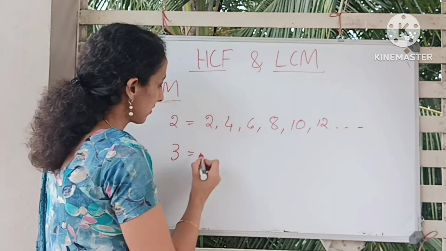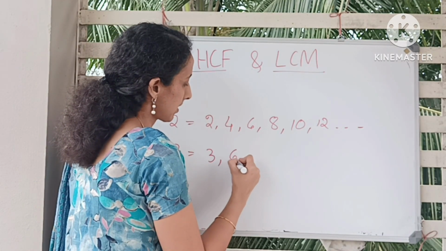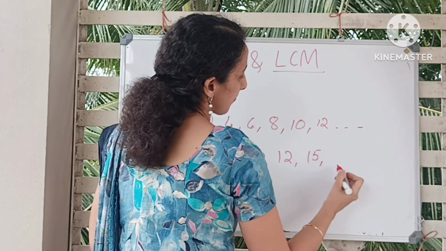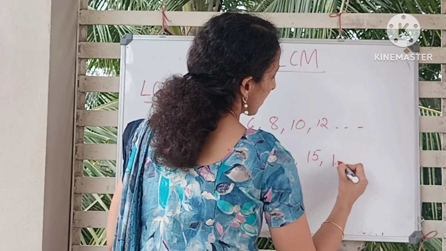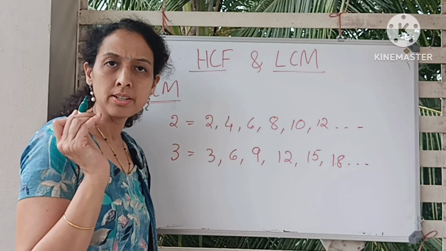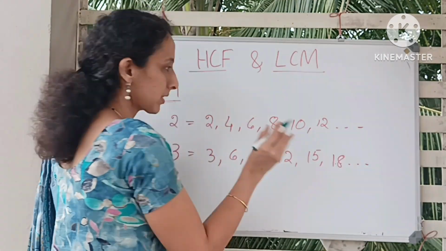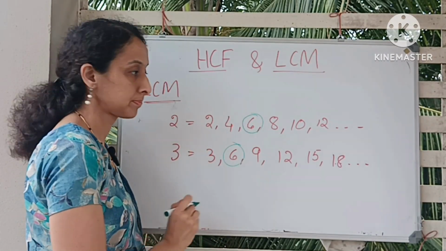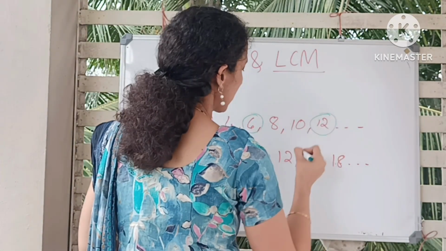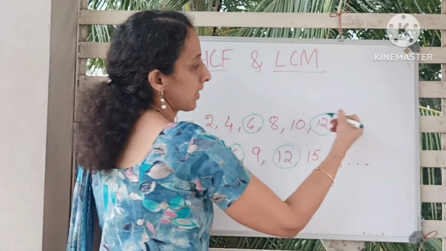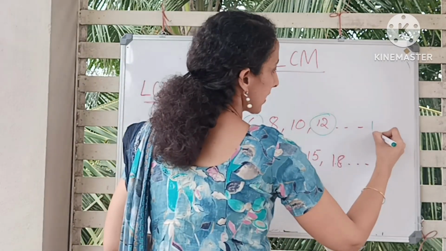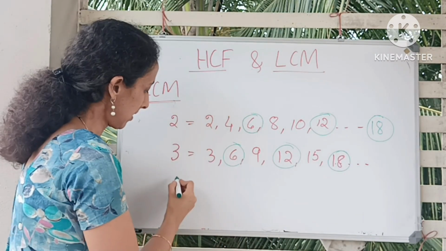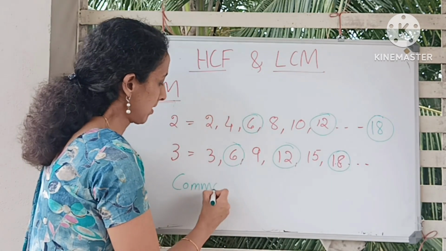And 3 ones are 3, 3 twos are 6, 3 threes are 9, 12, 15, 18, and so on. Here we can see that among these multiples 6 is common for both, and 12 is also common for both, and if you proceed further we'll get 18 here, and 18 will be common for both. So these are the common multiples.